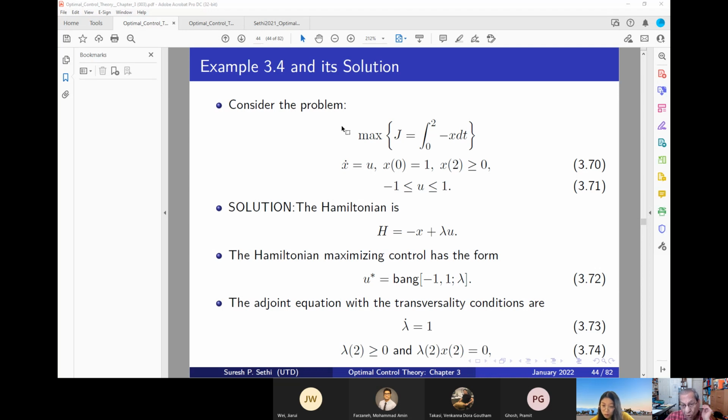Control can be -1 all the way. Control can be +1 all the way. Or control can be -1 and a +1 and a switch somewhere in between. It cannot be 1 and a -1. It cannot start with 1 and switch and become -1. So we have ruled out one possibility.